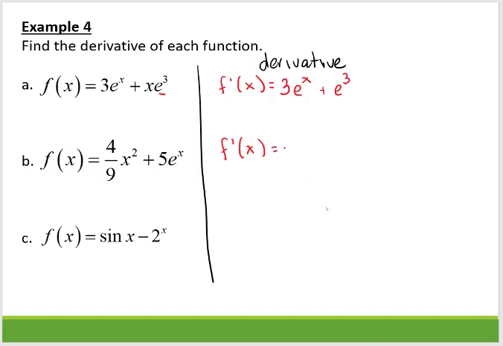So 4/9, I bring down the 2, 8/9 x plus 5 e to the x. Now another derivative. Derivative of sine is the cosine. Derivative of 2 to the x is 2 to the x ln 2.